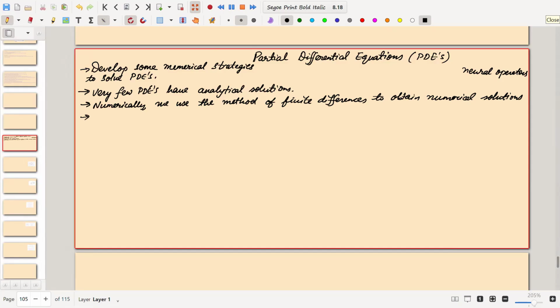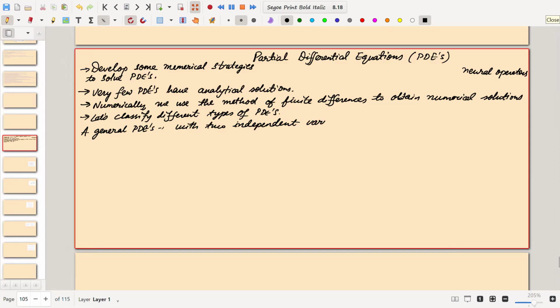So let's start by classifying the different types of PDEs we have. Okay. So a general PDE I can write has the following expression, with two independent variables, and takes the form.